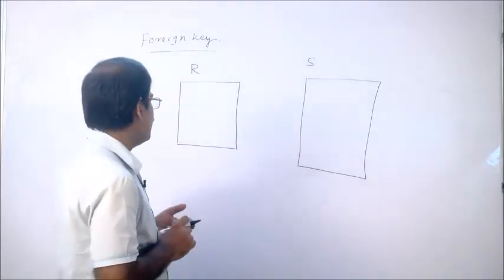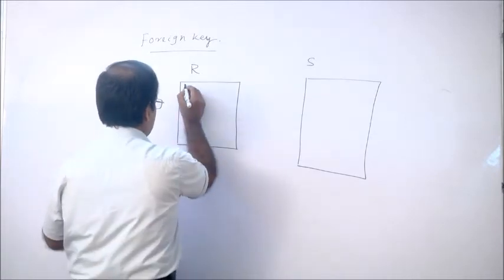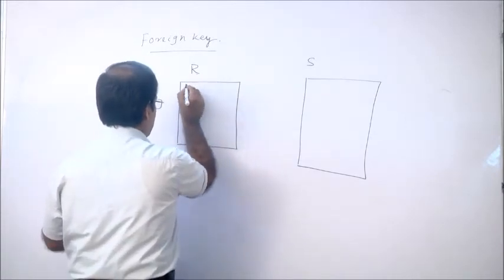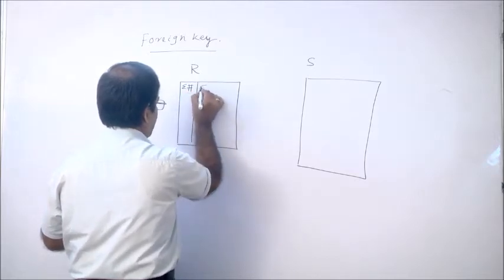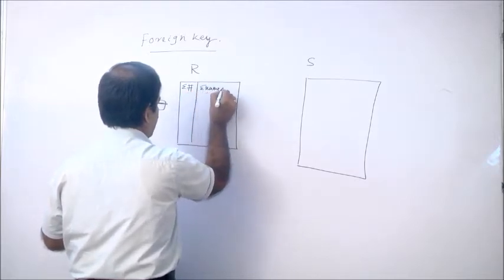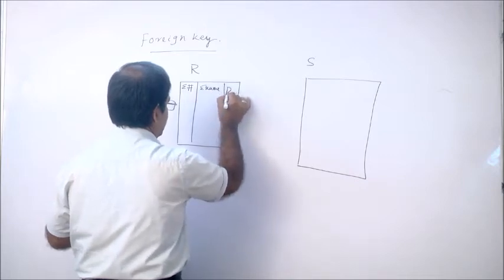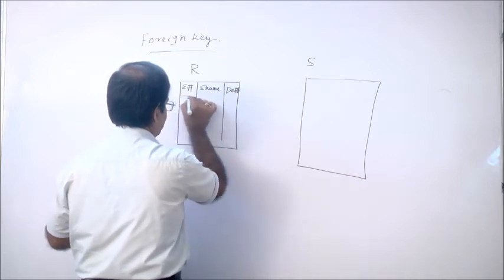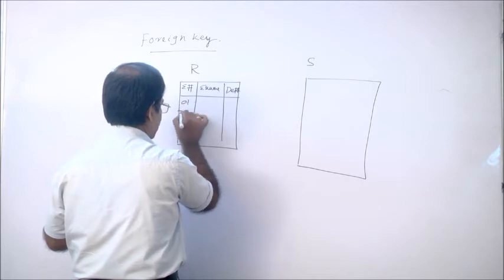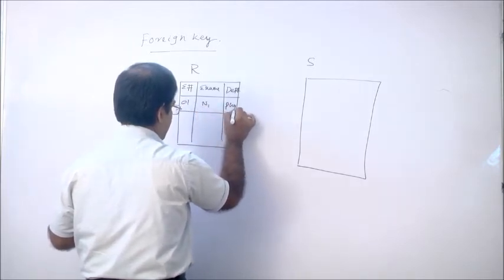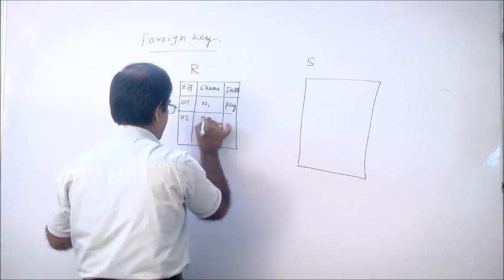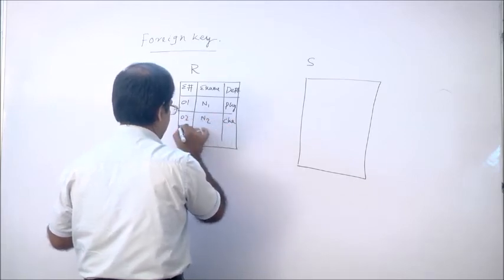A very simple example: suppose this is the employee table, with employee number, employee name, and department, which department he or she belongs to. Employee number 1, name is N1, department physics. Employee number 2, name N2, chemistry.